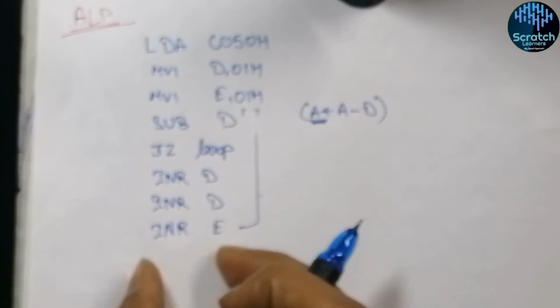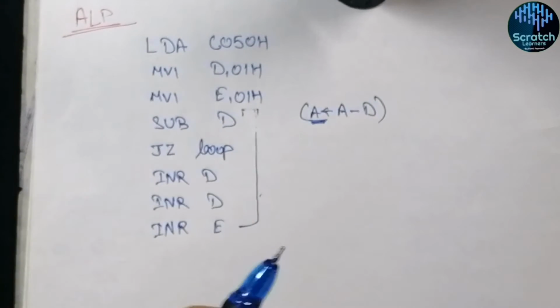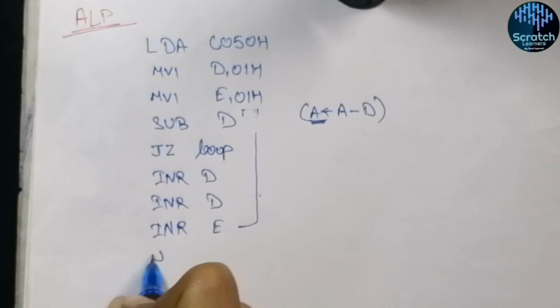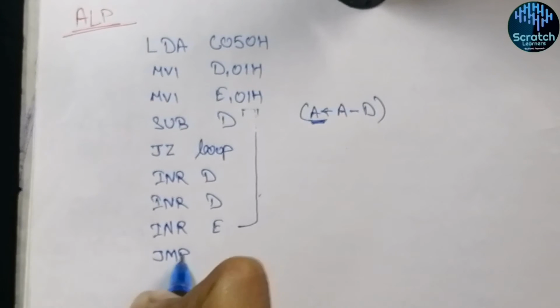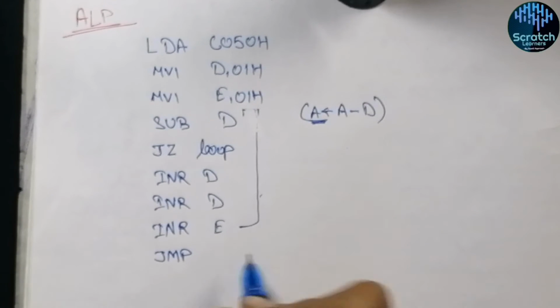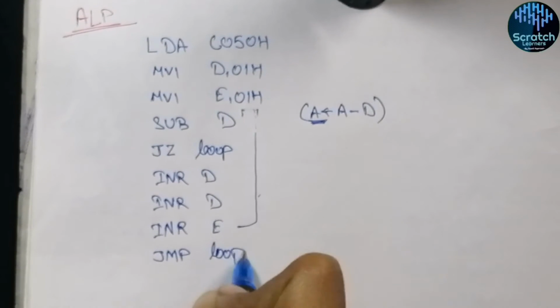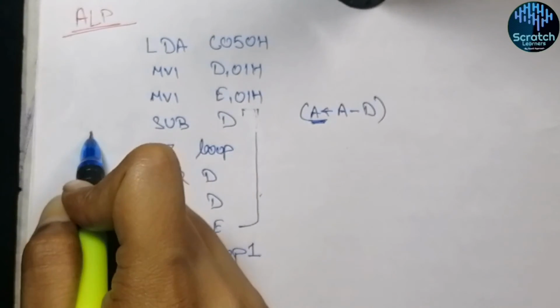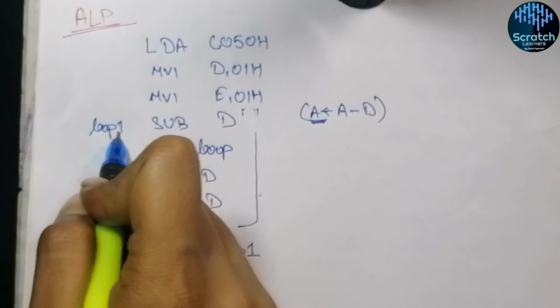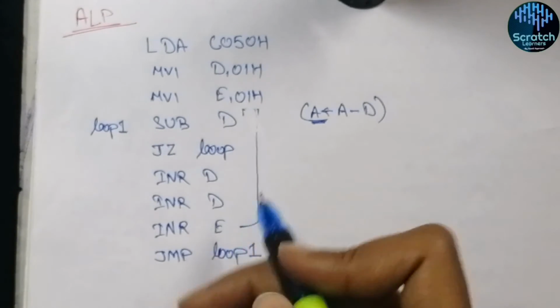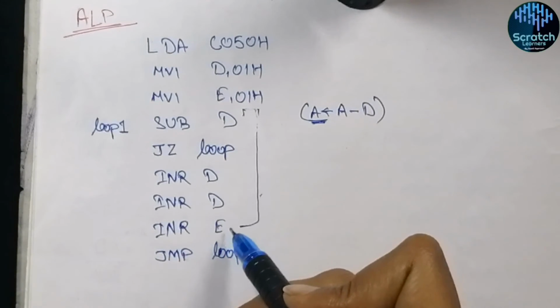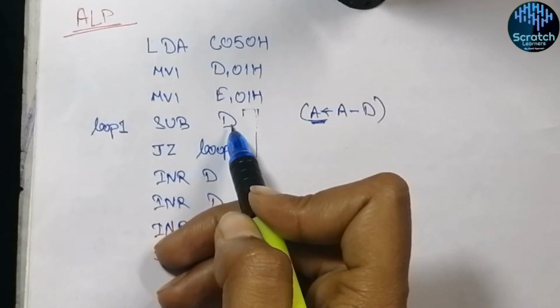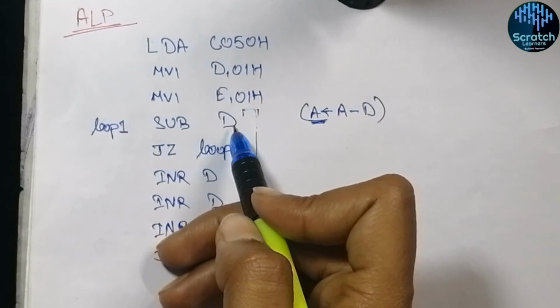Now we need to take the control from here to here back. Okay, so for that we will use a JMP instruction, that is the unconditional jump. This is JMP loop. Let's say this is loop 1, and this loop will go to this location. Okay, that means after incrementing the content of E, we again need to subtract the content of D from the accumulator, right?